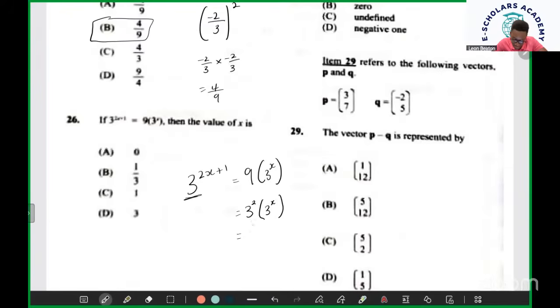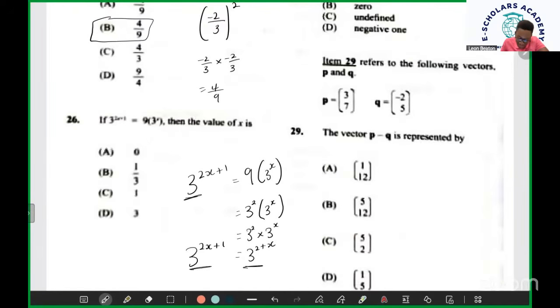We know the bases are the same, so we put back the base and we add the powers. So 2 plus x. And this will be equal to 3 raised to the 2x plus 1.